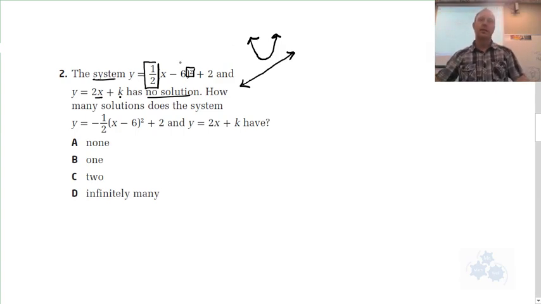Got it? So it says here now, how many solutions does the system y equals negative 1/2 (x minus 6) squared plus 2 and y equals 2x plus k have? So it's the same line, but watch this. The parabola now opens downward. So it's really the same parabola, but it's opening downward.